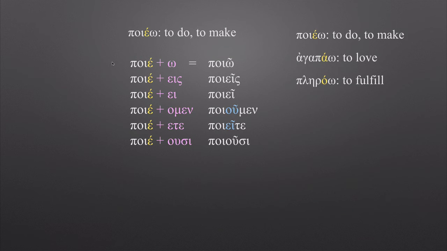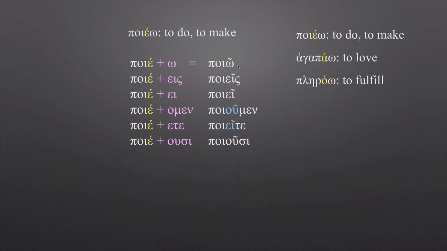What that lexical form is telling you is that the stem of this verb is poie with a little contract vowel, and upon that stem you're going to add your usual conjugational endings: o, eis, ei, omen, ete, ousi, and so on. And the reason you learn the lexical form uncontracted is that that lets you know what the contracted conjugated form is going to look like.